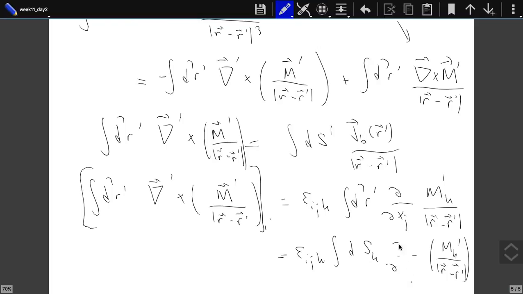And I don't have that derivative. Sorry, this is dS j. So basically, if we are integrating over x, let's say that x j is x, I'm just considering the x integral of the derivative with respect to x.